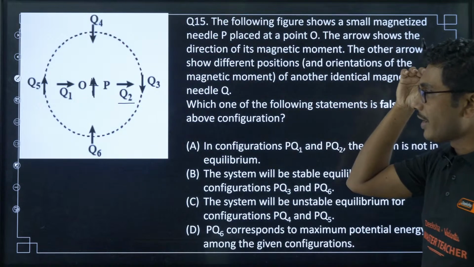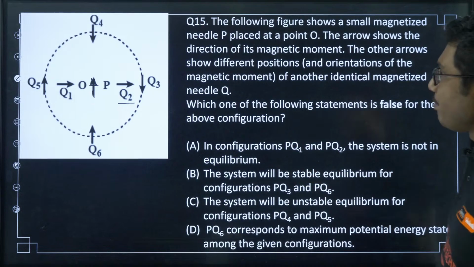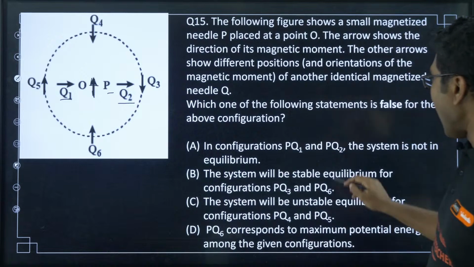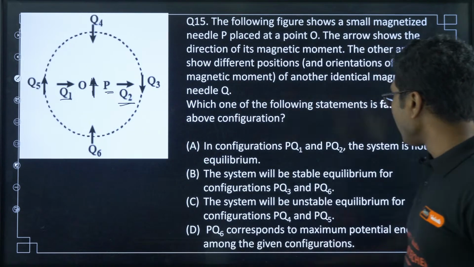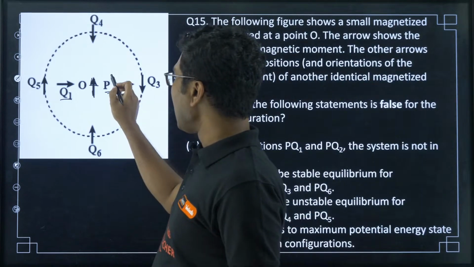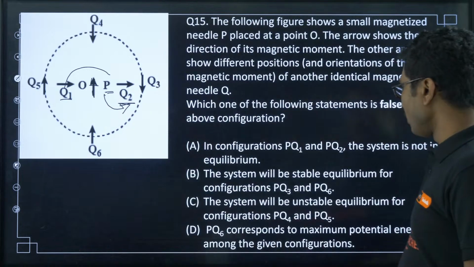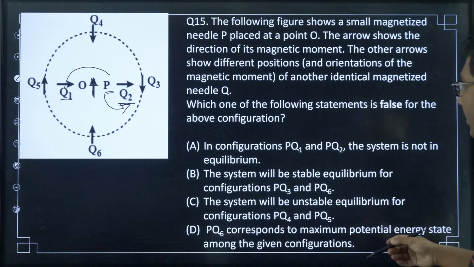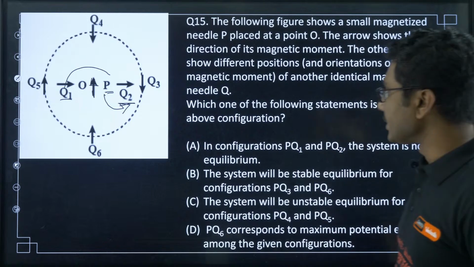Now you have to identify which of the following statements is false. In configurations PQ1 and PQ2, the system is not in equilibrium. The system will be in stable equilibrium for configurations PQ3 and PQ6.